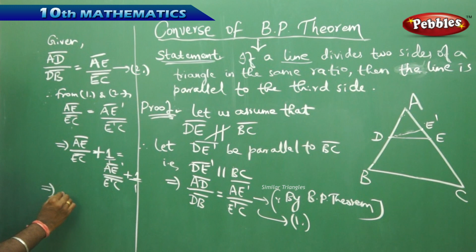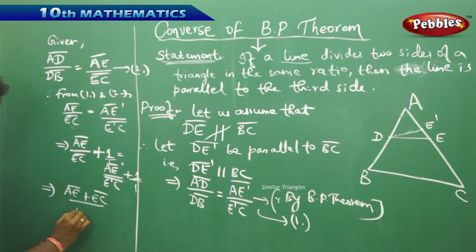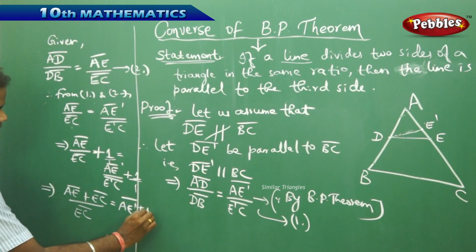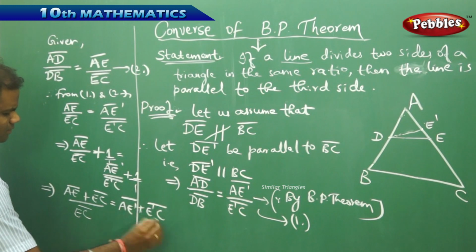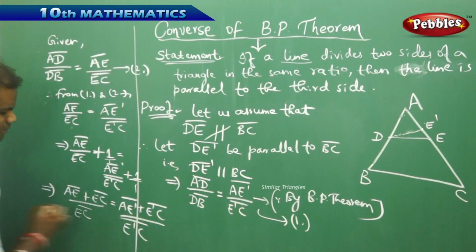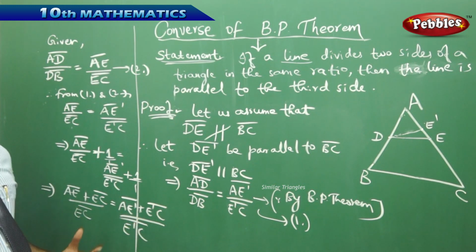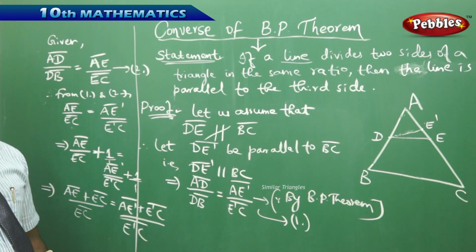So when I take the LCM, this is nothing but AE plus EC by EC, which is equal to AE dash plus E dash C by E dash C on the right hand side.